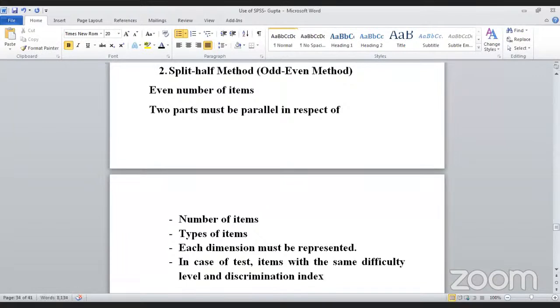So there must be items with the same difficulty level and same discrimination index. Okay, in case of a scale, there must be an equal number of positive and negative items.